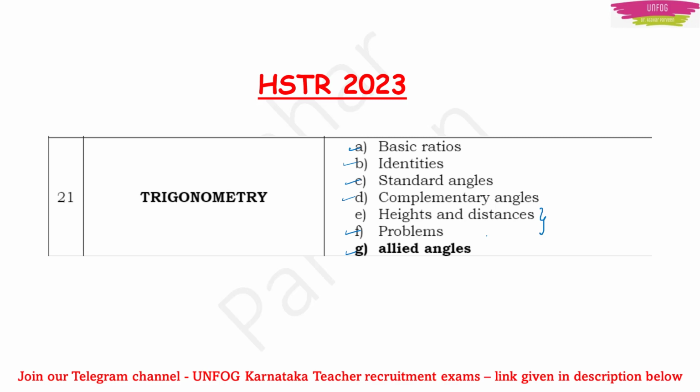Of course all are expected or very important questions. If by chance they ask one question from heights and distances, then I am sure that if you watch this class carefully till the end, you will be able to answer the question correctly in the examination. Okay, so let us start the class.